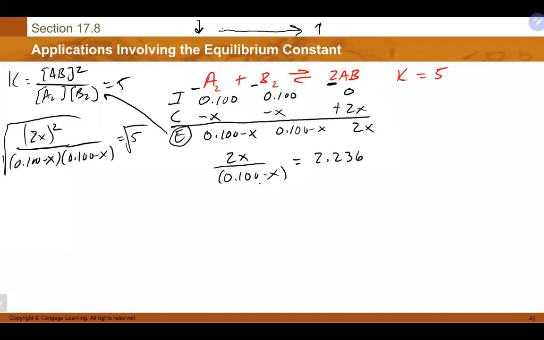Once again, we're going to multiply what's on the bottom to the other side. So we end up with 2X is equal to 0.2236 minus 2.236X.